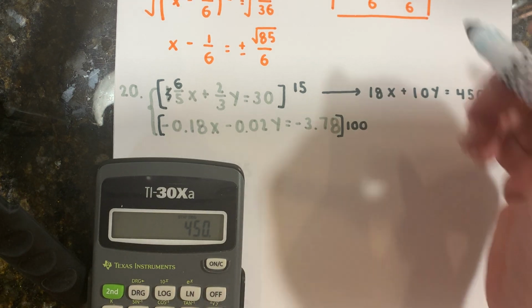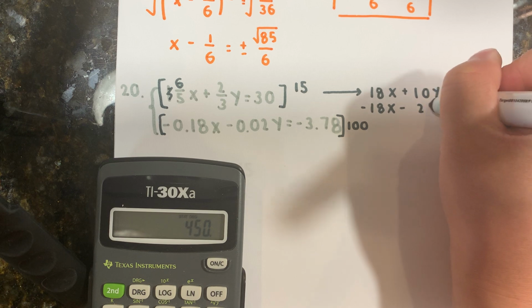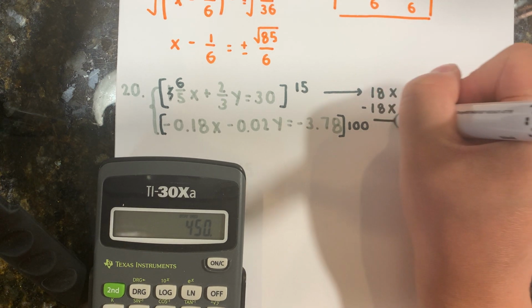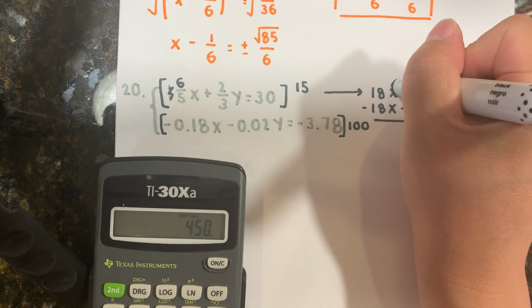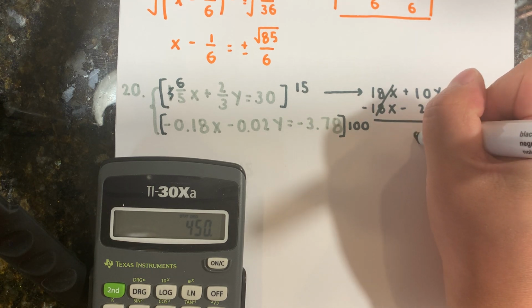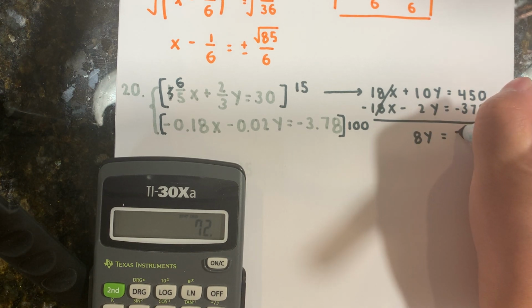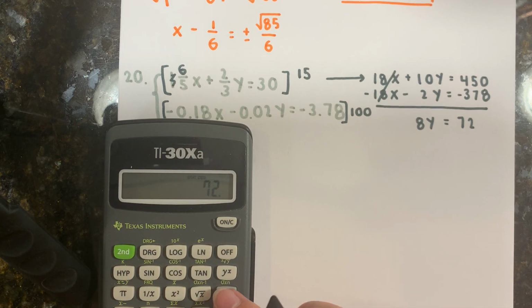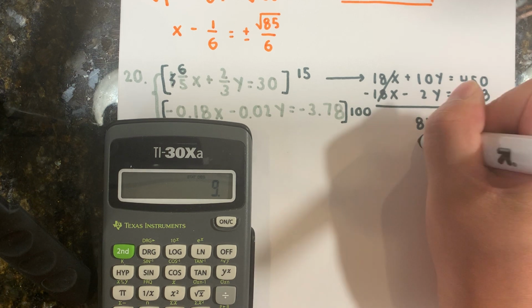My bottom equation would be negative 18x minus 2y equals negative 378, which works out perfectly for us because the 18x's cancel, and you are left with 8y is equal to 450 minus 378, which is 72. Now, when you divide both of those by 8, you get y is equal to 9.